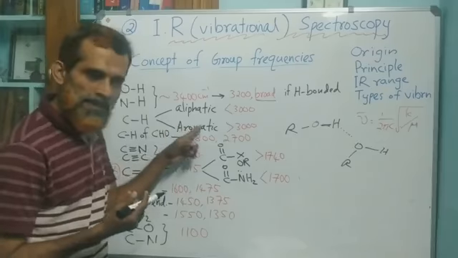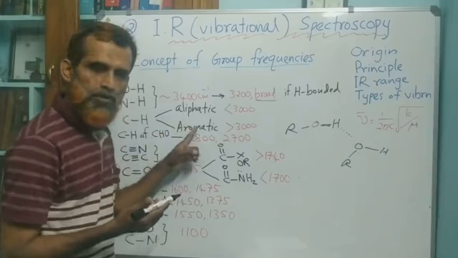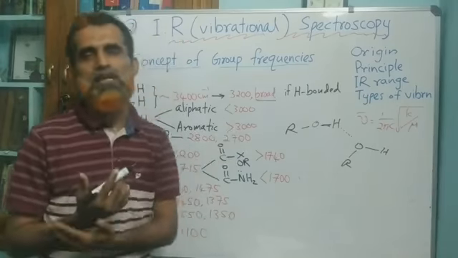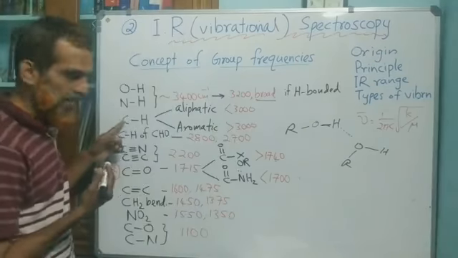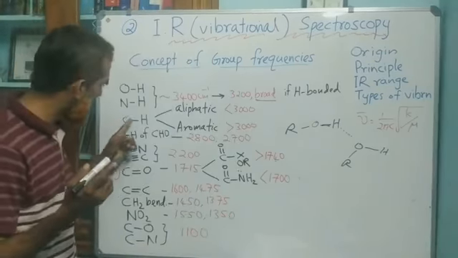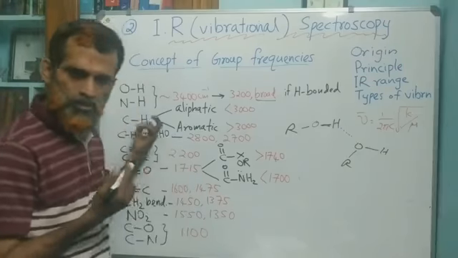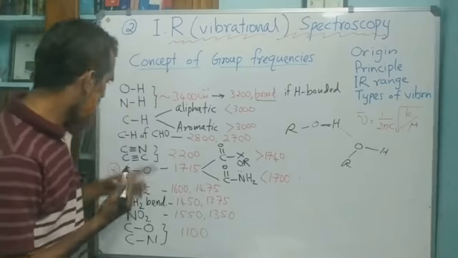If it is aromatic, that means this is sp3 carbon, this is sp2 carbon. Even in alkenes, the value will be a little above 3000 because the bond becomes strong. If this is sp2 carbon, it is more electronegative and this bond becomes stronger, a little higher, 3050, like that.